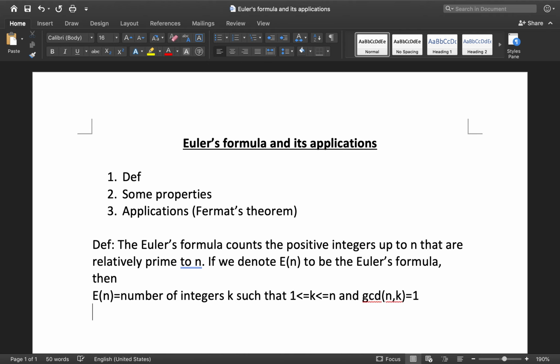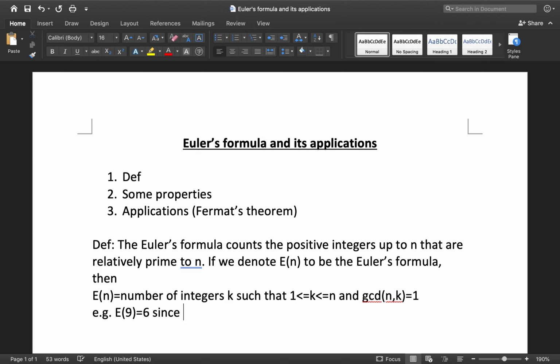So for example, how do we compute E9? Well, we just count the number of integers between 1 and 9 that are relatively prime to 9. If you directly count, you get Euler's formula for 9 is equal to 6.